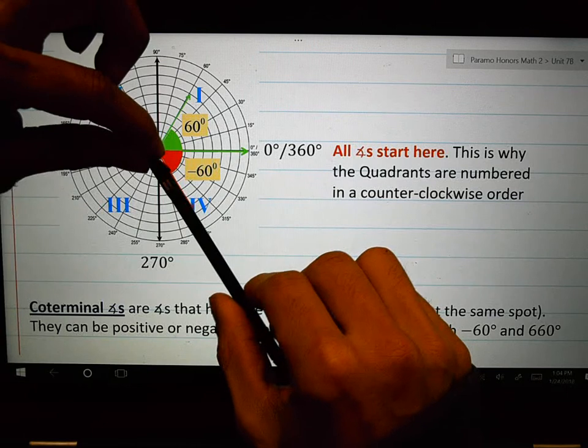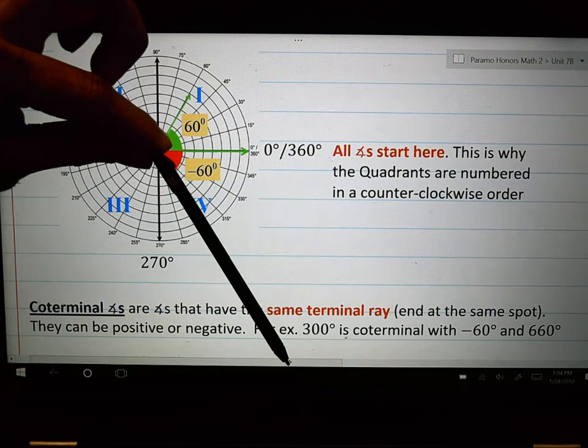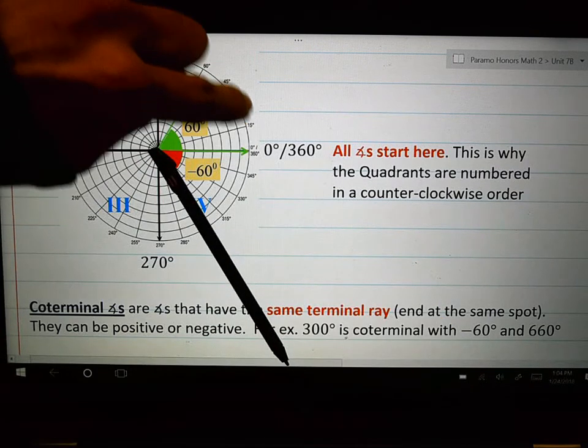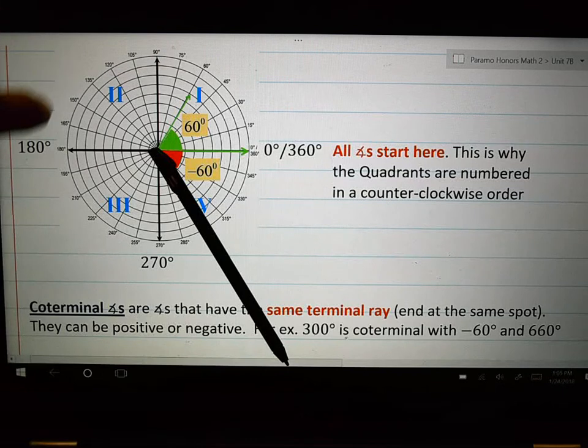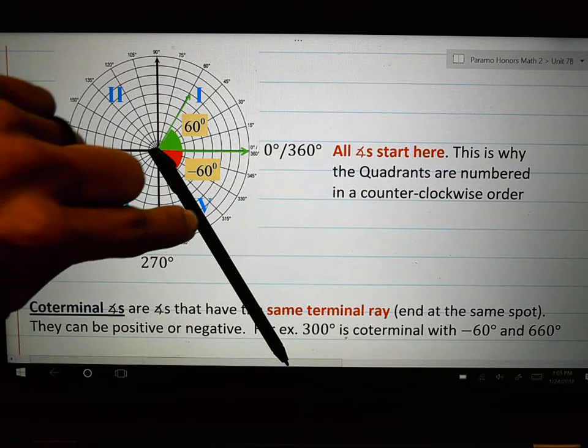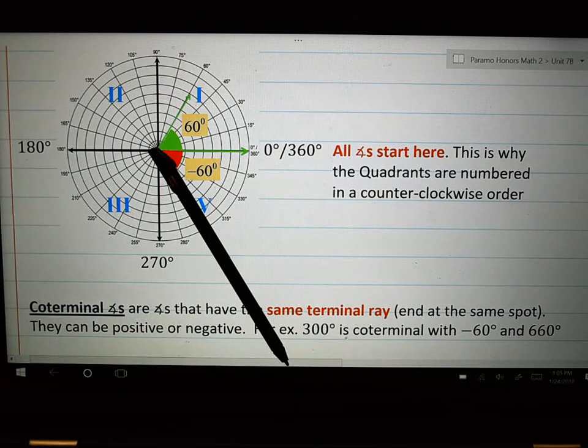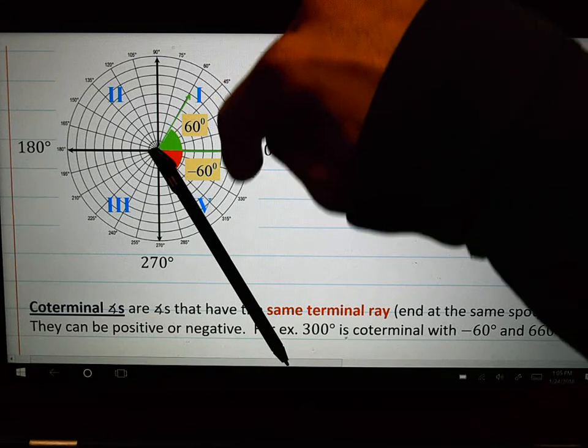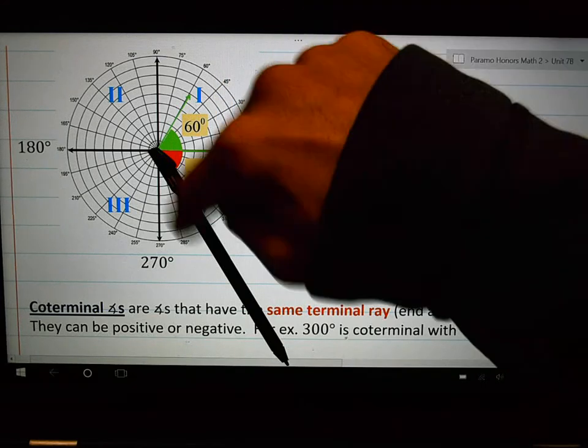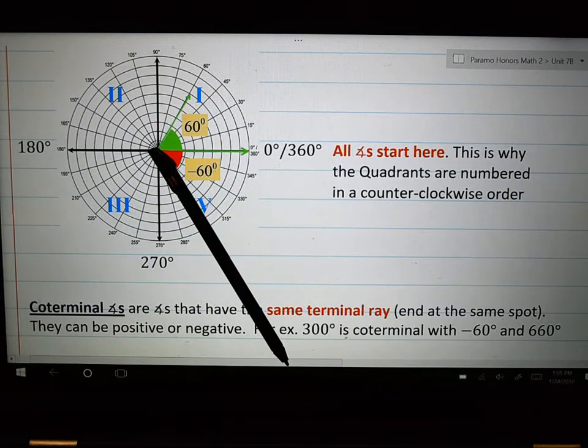Let's say that this is 300 degrees. Why is it 300 degrees? Because here we go around 90, 180, 270 plus 30 more degrees is 300 degrees. That's the same angle. It's coterminal with negative 60 because they end in the same spot. They are equivalent to each other.